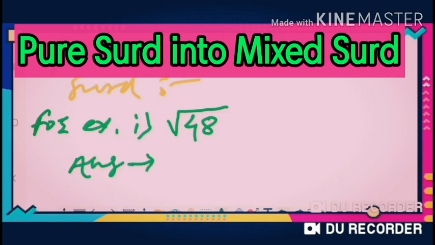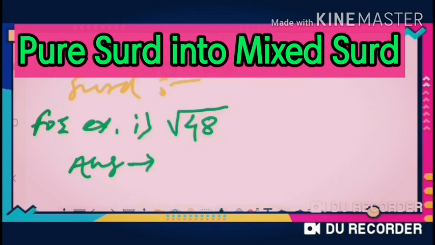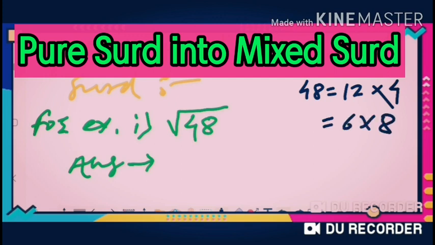First, write the possible factors of radicand 48. First factor is 12 into 4. Second factor 6 into 8. Third factor 16 into 3.